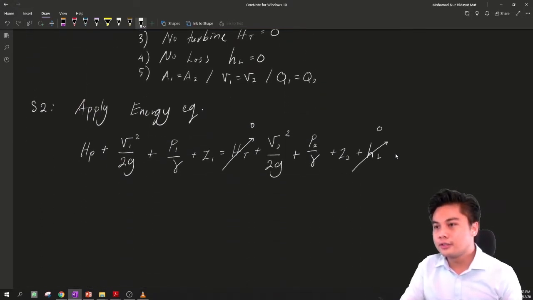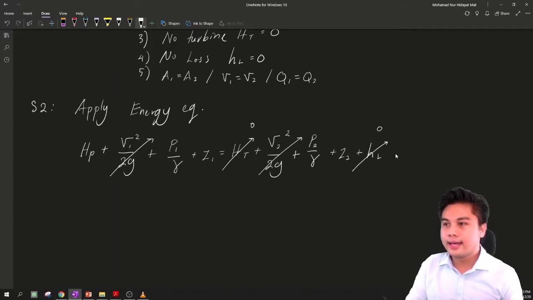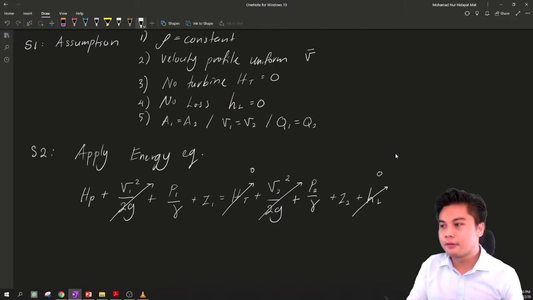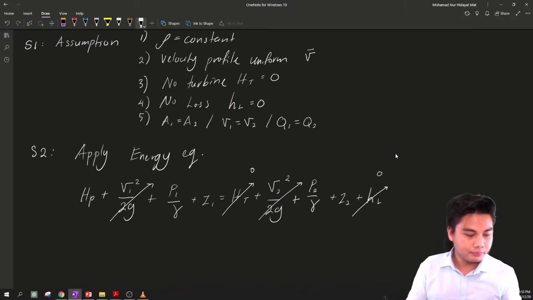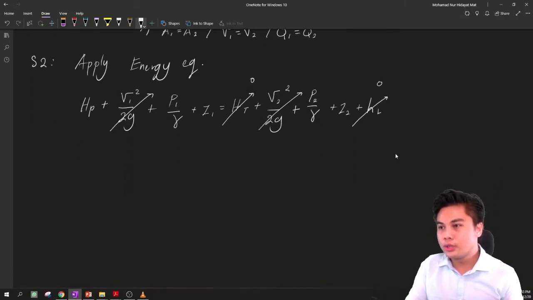We can cancel the velocity terms because this is the same term. And then leave only head of pump, HP.